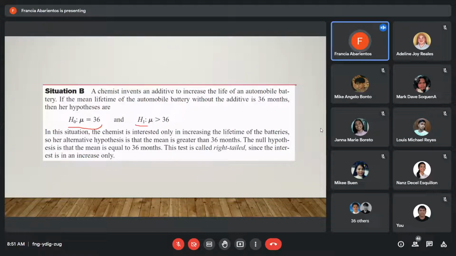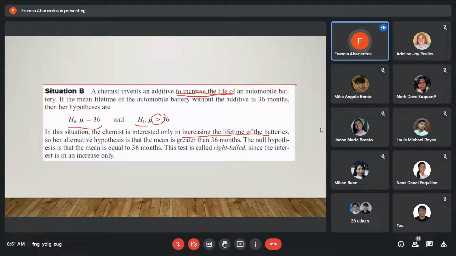And the alternative hypothesis is now greater than. Why? In this situation, the chemist is interested only in increasing the lifetime of the batteries. So, since she invented it to increase the life.